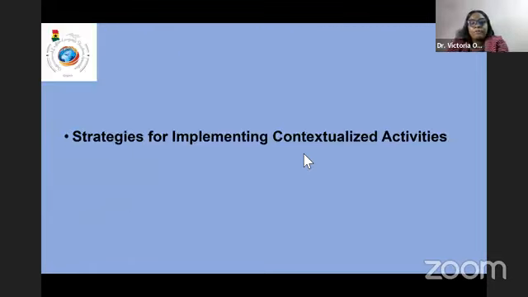So we move on to look at some of the strategies. Now, having gotten to know what contextualized grammar is, we've mentioned that it has to do with situating these rules in everyday life or everyday activities. For educators, we have always thought that we should teach from the known to the unknown.